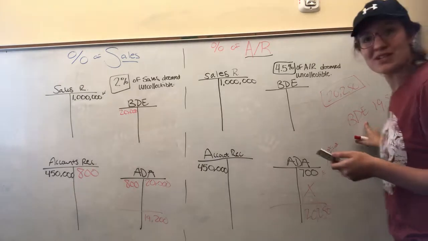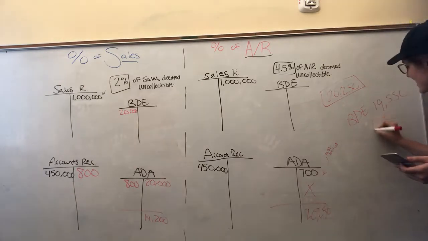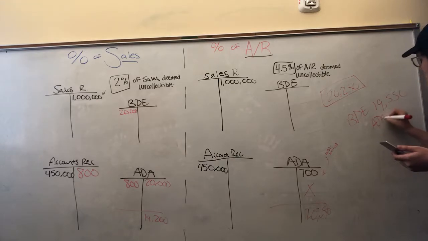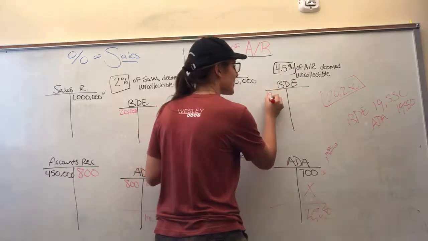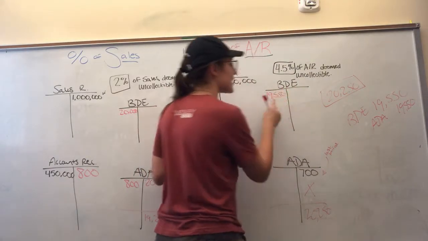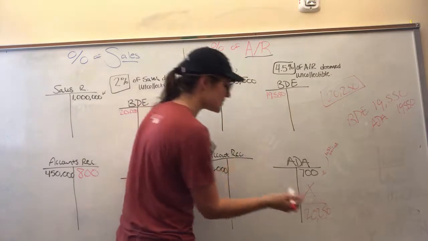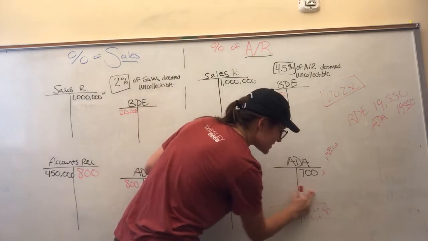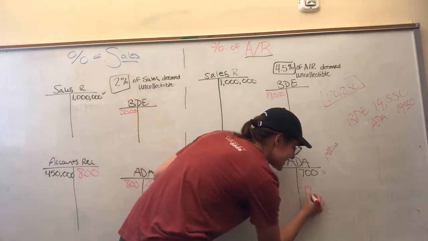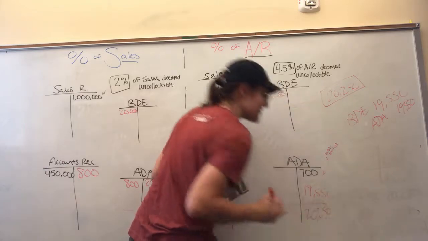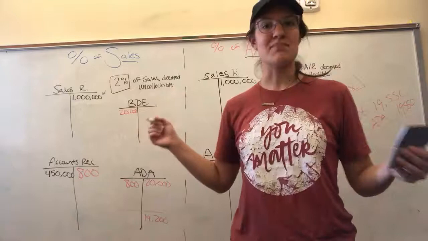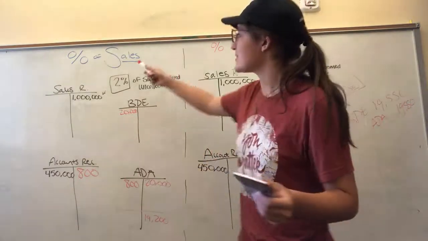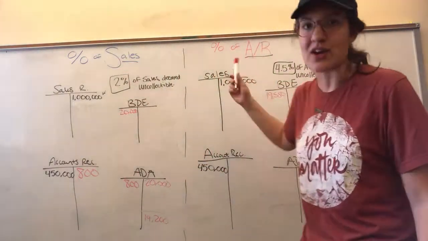So that is going to be my debit, and then my credit to ADA is going to be for the same amount. Beautiful. Ooh, messed up. So I'm going to debit this account right here, which is my contra account for sales revenue. And I'm going to erase this X because now I know it. $19,550. Beautiful.